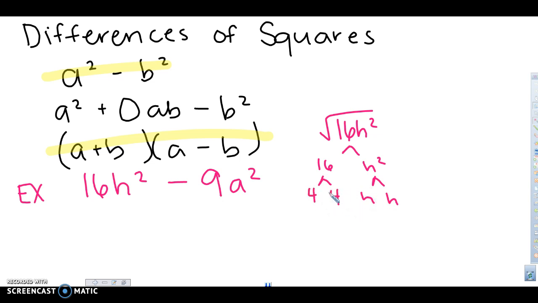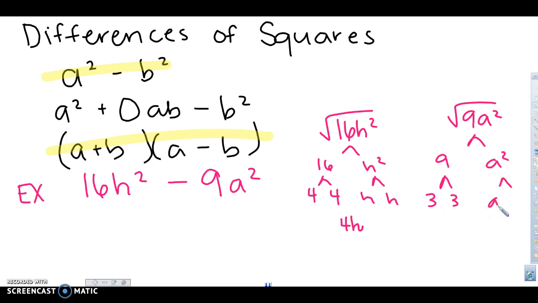So 16h squared is my a squared term. My a term would just be the 4h, the thing that's repeated. Same thing if I do my 9a squared. I can break that down into 9 and a squared. 9 breaks down into 3 and 3.